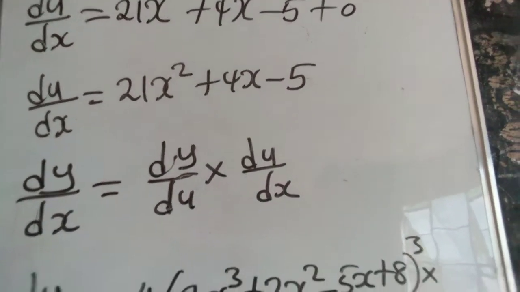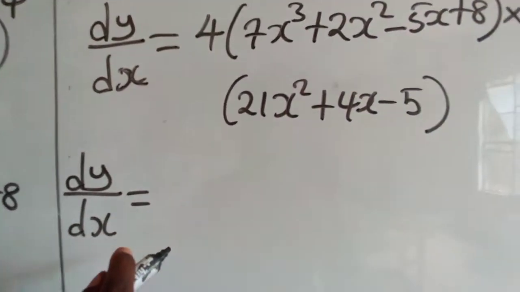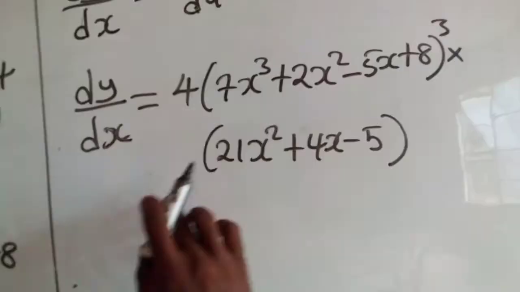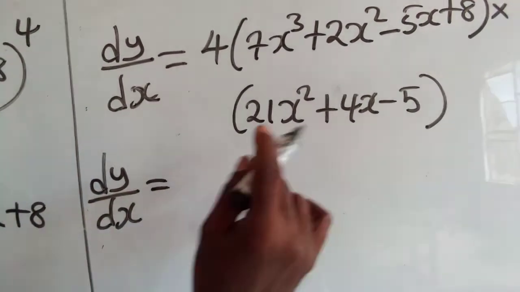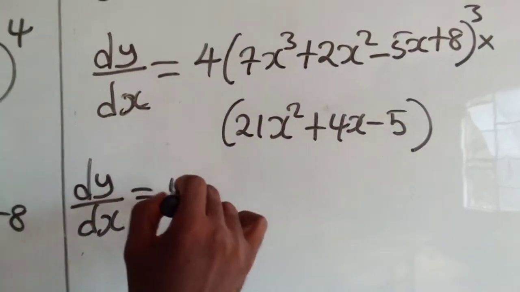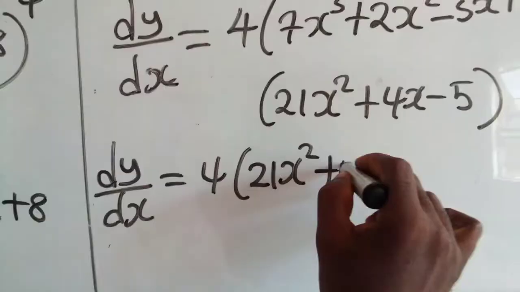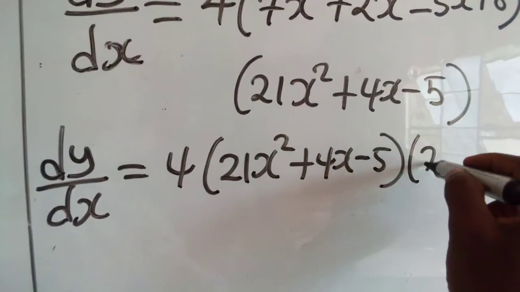So our final answer, dy/ds, will now be, and remember, when the power of a bracket is not 1, you cannot open it. So what you do here, you bring the bracket that has the power of 1 first. So you have 4, you write this one, 21s^2 + 4s - 5, then into this one that its power is 3.